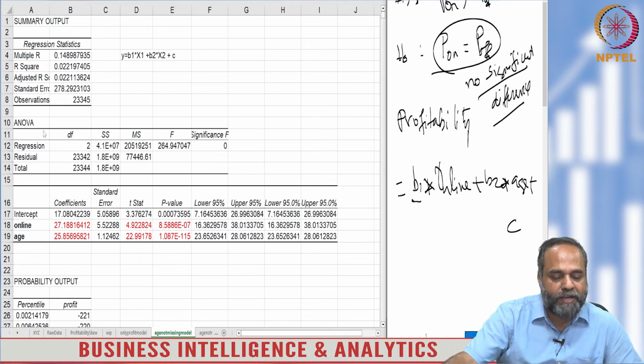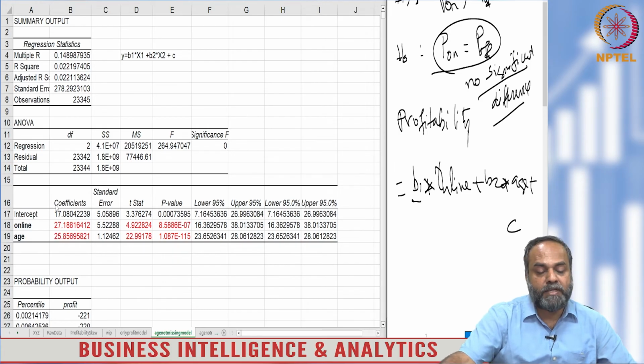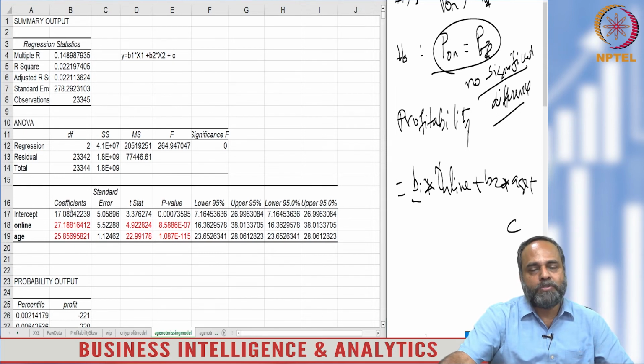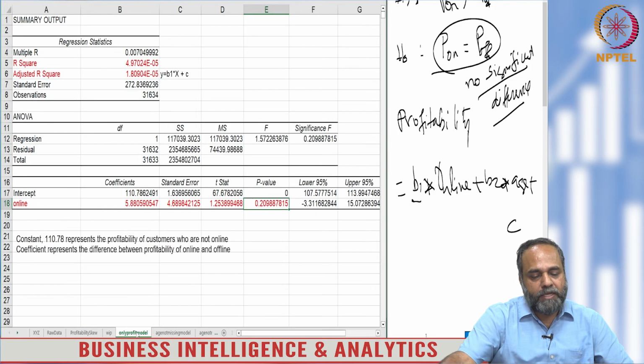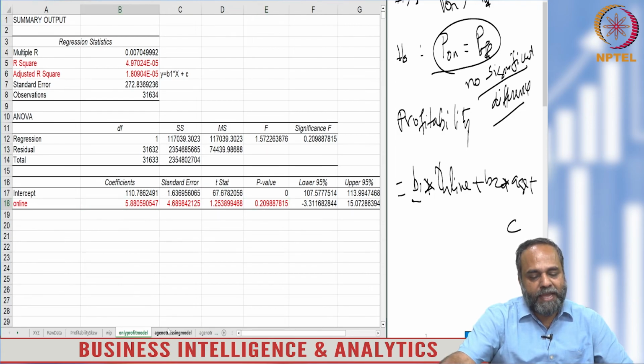So I added that variable and re-estimated the regression coefficients, and then you can see that, first of all, all my model parameters changed now, okay. The coefficient in the previous model, when I used only online, the B1 value was 5.88.